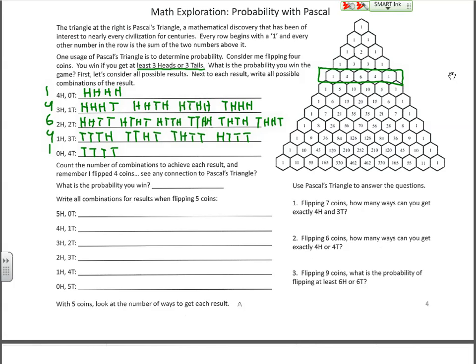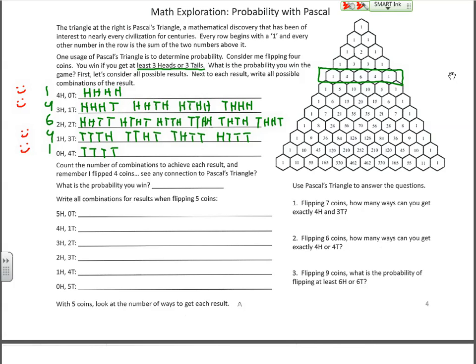Yes. How about 3 heads and 1 tail? Yes, at least 3, right? That includes 3. 2 of each? No. 1 head and 3 tails? Yes, because at least 3 heads or tails. And then obviously getting 4 tails would be a win as well.